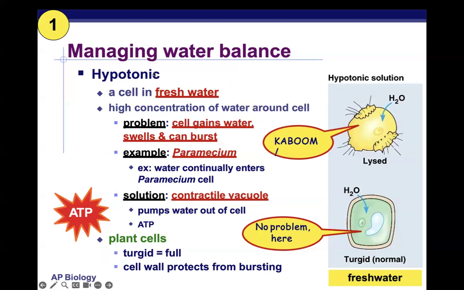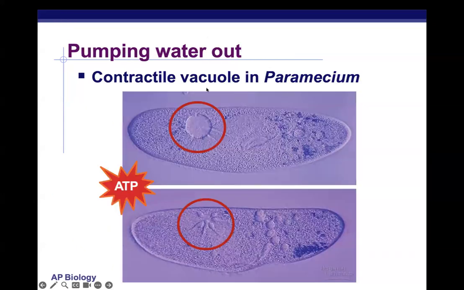So here's just another example. These next slides just show you a little bit more about what would happen if we put plant and animal cells in hypotonic solutions here, and so on and so forth. Organisms that live in water, like paramecia, constantly have to battle this, and like we mentioned in our second lesson about eukaryotic organelles, they have vacuoles whose sole job is to pump out water, because since they live in water, they're never going to be able to not have water constantly moving into their cell.